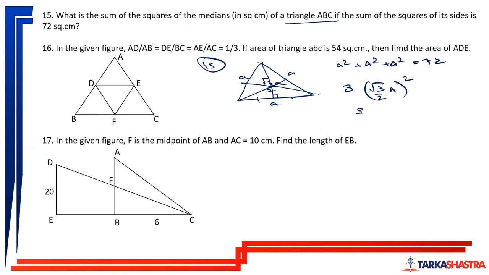So 3 into root 3 square is 3, 2 square is 4, into A square. I already know that 3A square is equal to 72. So A square is equal to 24, no? 72 by 3. So 3 into 3 divided by 4 into A square, which is 24. So 4 sixes are 24, so 9 into 6 is 54 square centimeter.